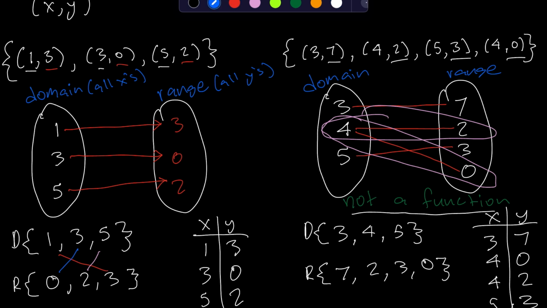And we'll draw our little lines again. 3 goes with 7, 4 goes with 2, which I'll use a different color. 5 goes with 3, and 4 also goes with 0. And shown again, because of this 4, this x value that has two different outputs, two different y values, once again, not a function.